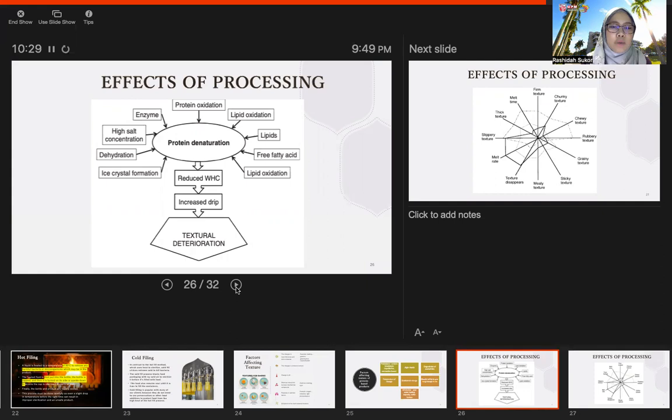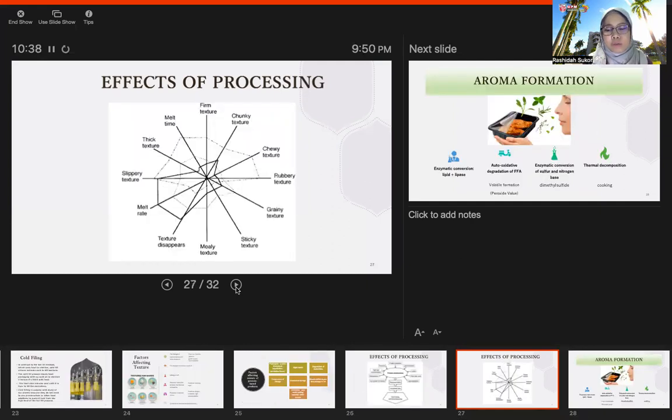So when you have this dripping, losing of water, then you will have textural deterioration. So it's very important to make sure that the protein will still hold the water inside the cell or inside the tissue. Okay. This is the texture effect of processing. Either you will have a firmer texture or you have a chunky texture.